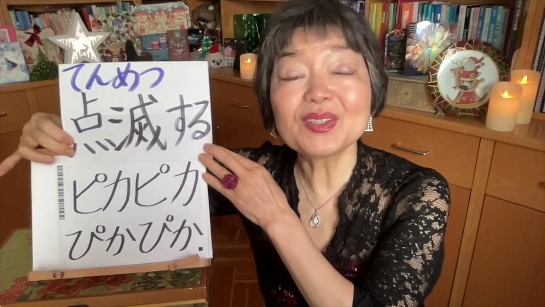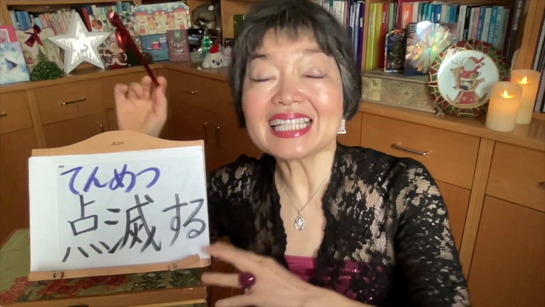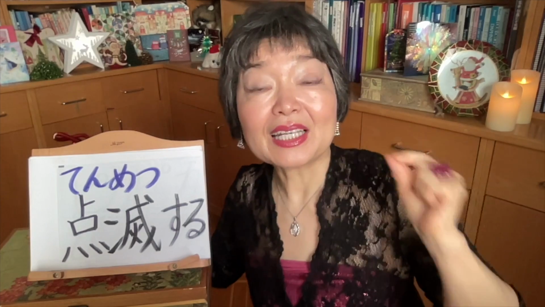But when we use PikaPika, I think you can understand much better using this verb, 点滅する。点滅します。This verb means the light that blinks. So when we use PikaPika, it means this thing has its own lights inside, and this blinks quite intensively, so strongly.